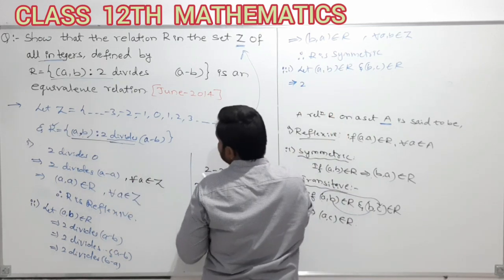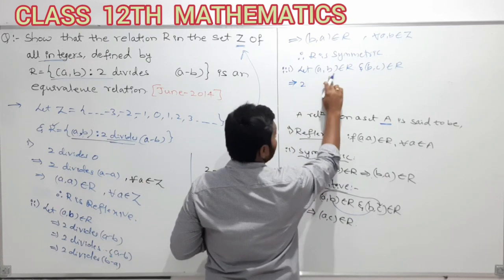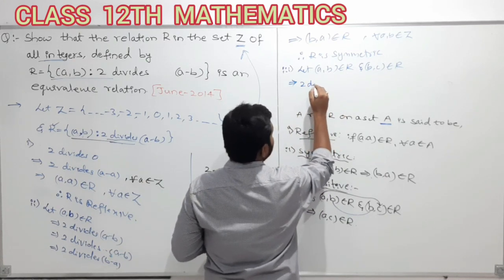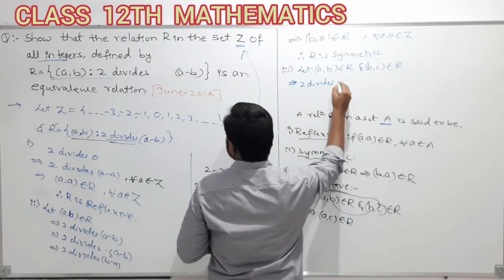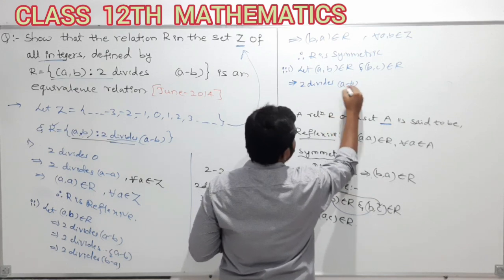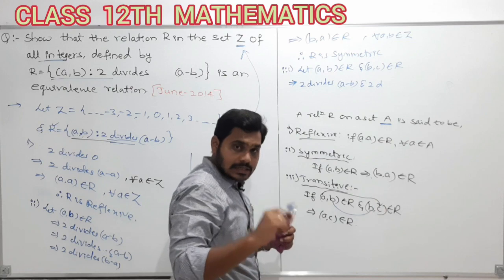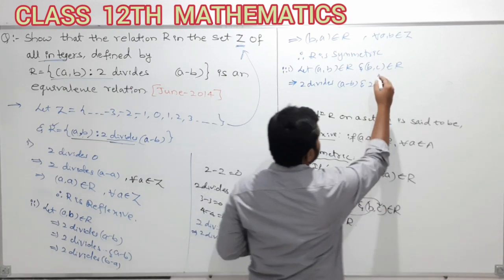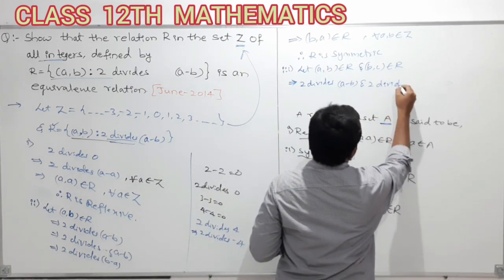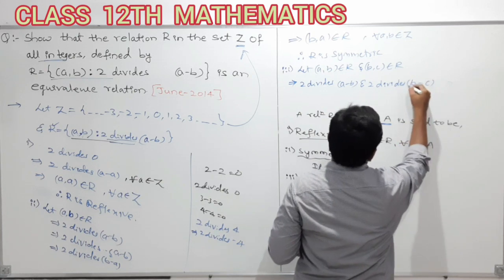What is that? 2 divides A minus B. And as B comma C is also in the relation R, it also satisfies this condition: 2 divides B minus C.